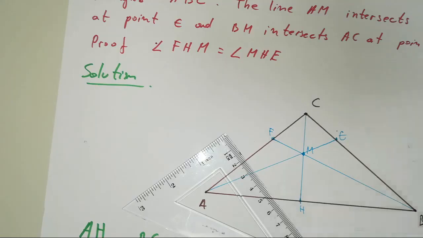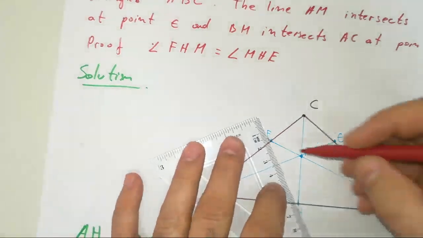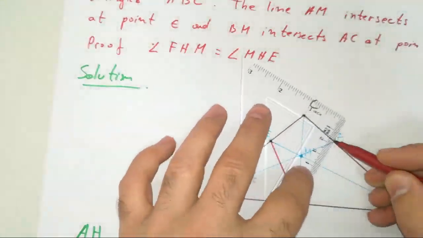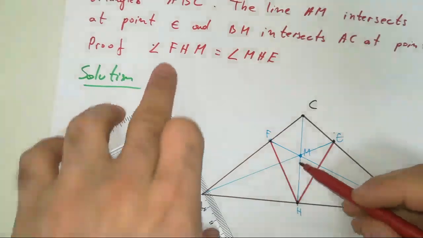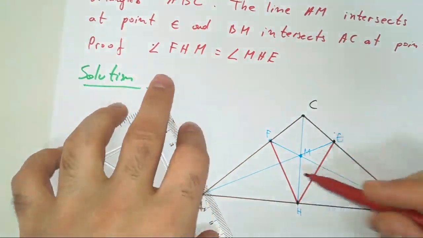We need to show that these two angles, FHM and MHE, are equal.